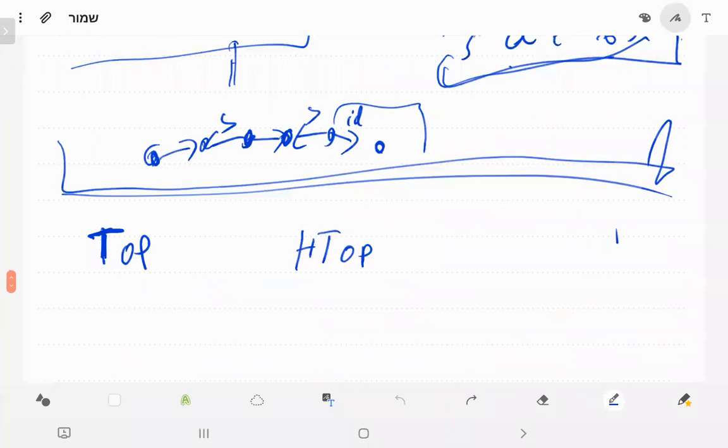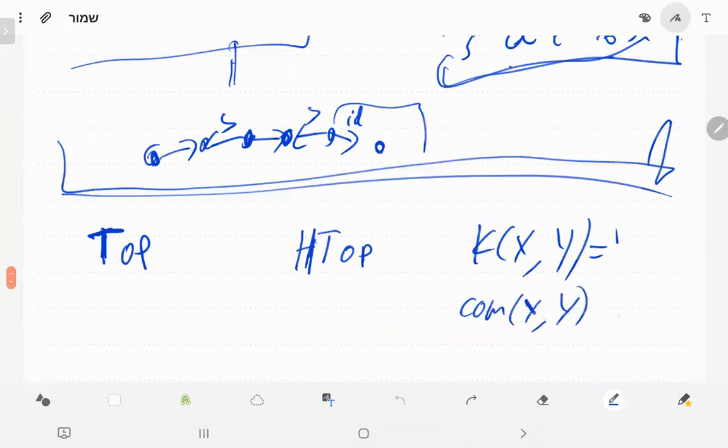So you have the homotopy category. The homotopy category is a category whose objects are topological spaces, and if we have two topological spaces X and Y, the maps are all the continuous maps between X and Y, modulo an equivalence relation.